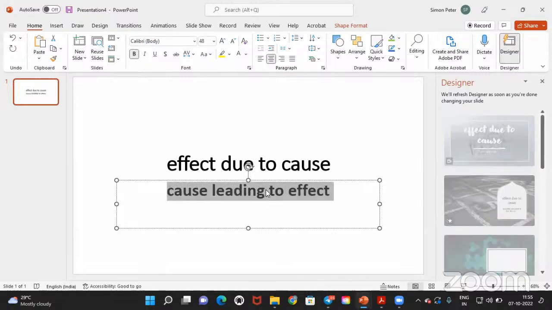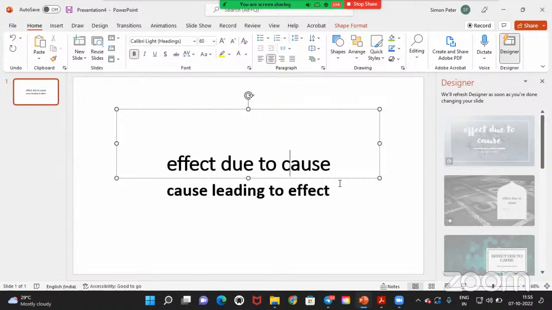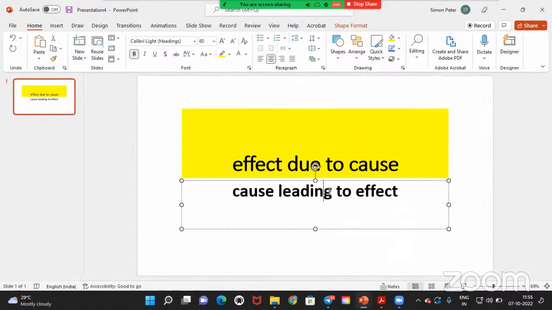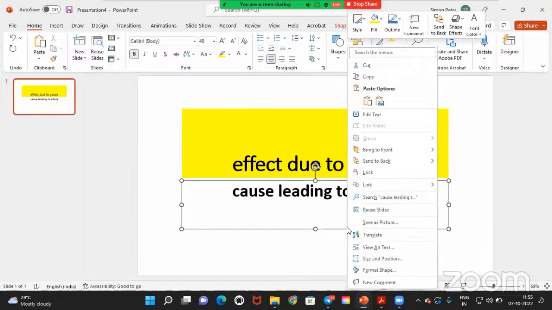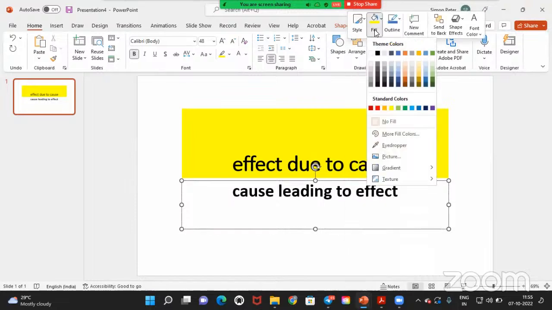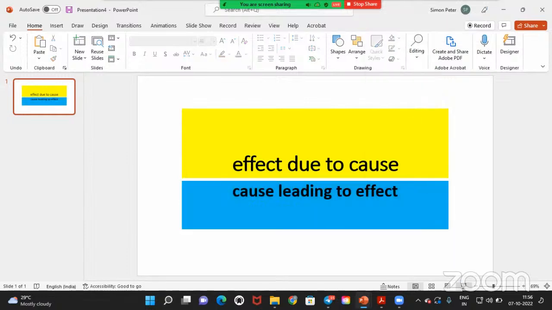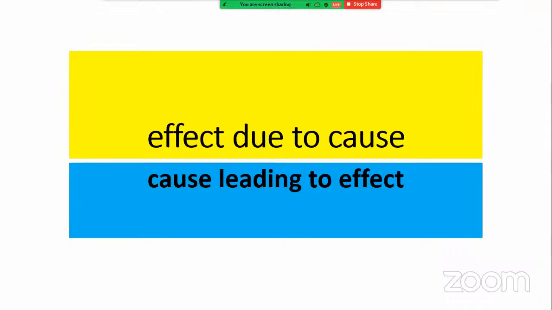Now, what is the difference between these two things? It is one and the same.